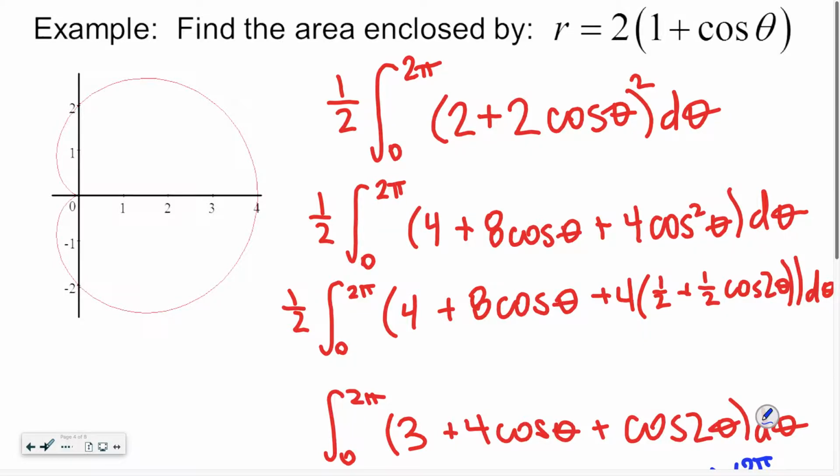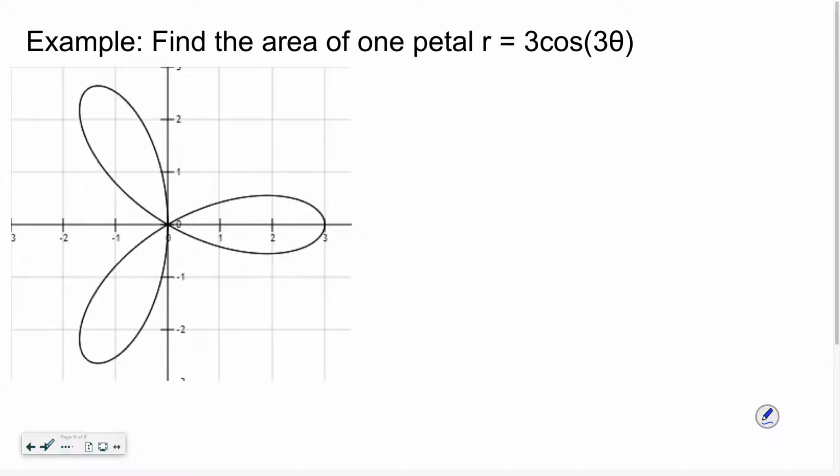Okay. Let's talk about roses. Now this is nice. I'm only asking for 1 petal. Are you sure it's nice? It looks like it's about 3.